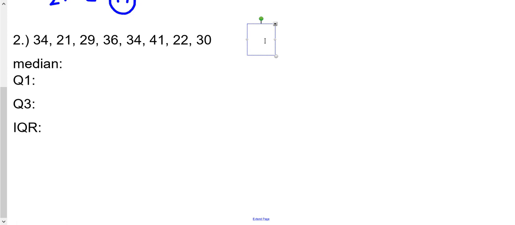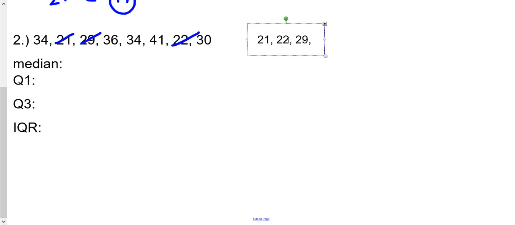So when I'm looking at this, I see that my smallest number is 21. And right after that, I have a 22. So I can go ahead and mark off. I've got 21. I've got 22. Well, I also have 29 there in my 20s. So I'm going to add 29 to my data set.